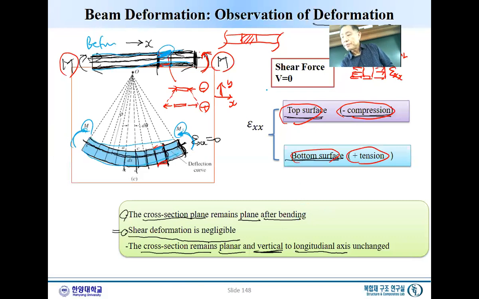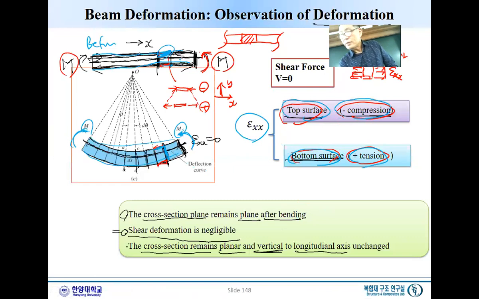So one thing for sure is that the top surface is compression, and the bottom surface is tension. We don't know how much, we don't know how it varies through the thickness, but one thing for sure is that the strain is compression and tension.